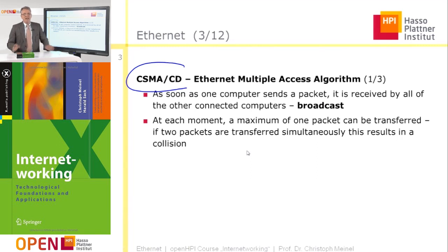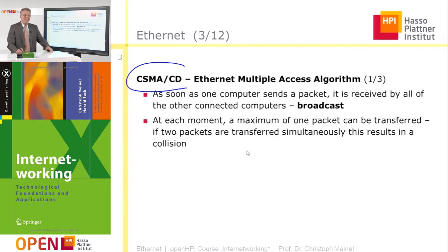But of course, in a cable, electrical signals may be sent at a certain moment only by one computer. Otherwise, there is a possibility of interference and other phenomena, and then the other computers are no longer able to detect whether this signal transports a 0 or a 1 bit of information.